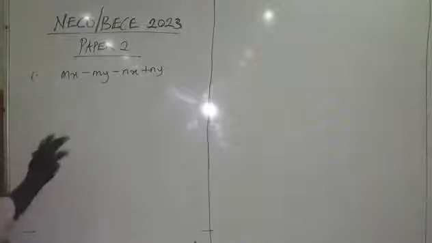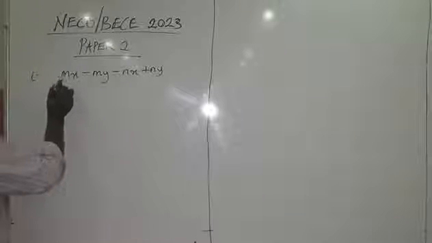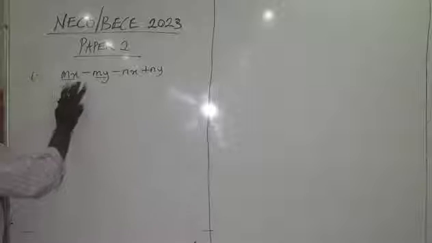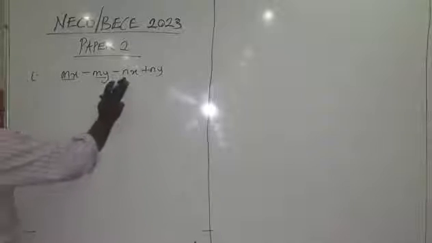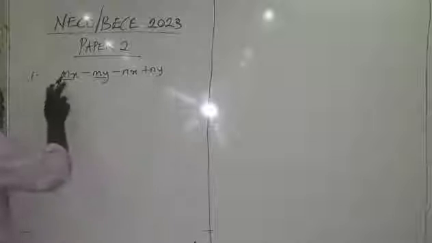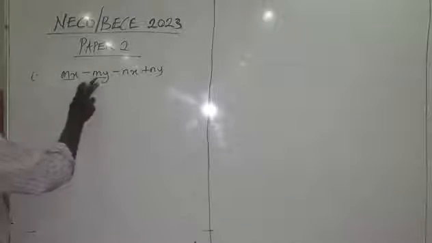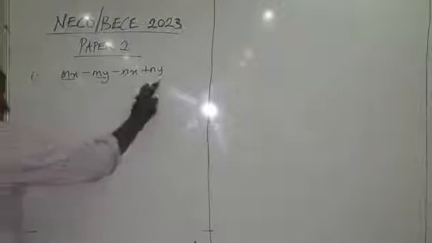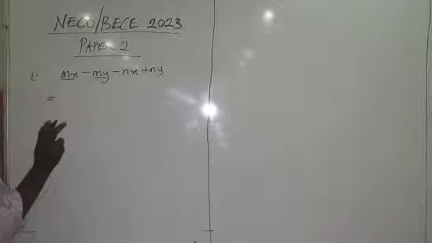The first thing you need to look at is the first two terms. If they have something in common, good. Then look at the third and the fourth term. They have something in common. What is common to the first two is m, while what is common to the other two is n.